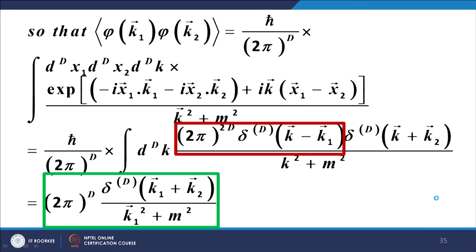into this equation. Now, if you look at it carefully, we get certain delta functions. We are looking at the exponents of the exponential. Minus i x1 k1 you have here, and i k x1 you have here. So, these two expressions combine together and give us a delta function of k minus k1. Similarly, the second delta function is k plus k2.